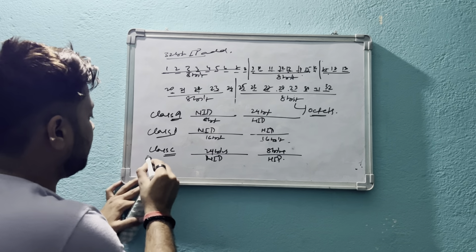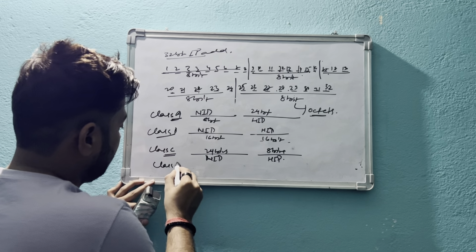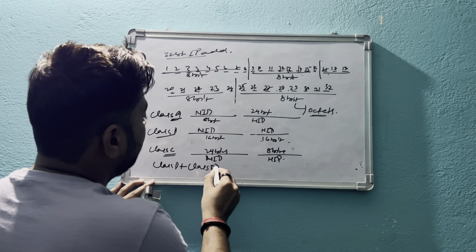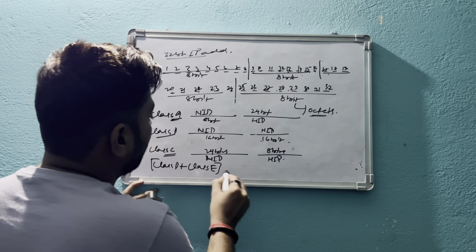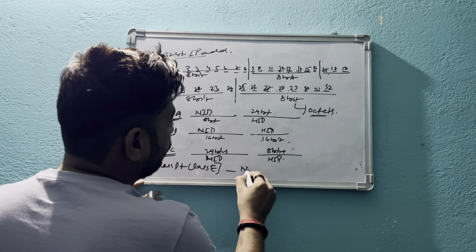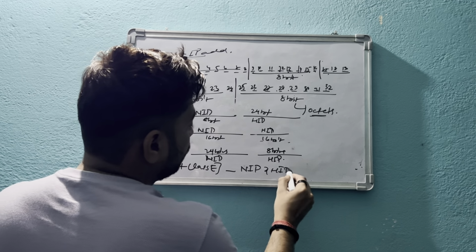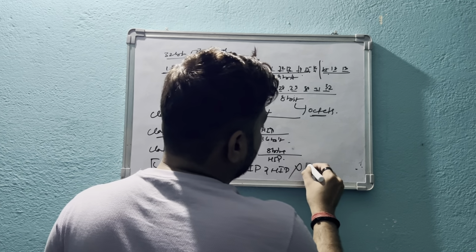In class D and E, yeah, you might be thinking about what about class D and E. In class D and E, we don't have a concept of network ID and host ID, so no concept of it.